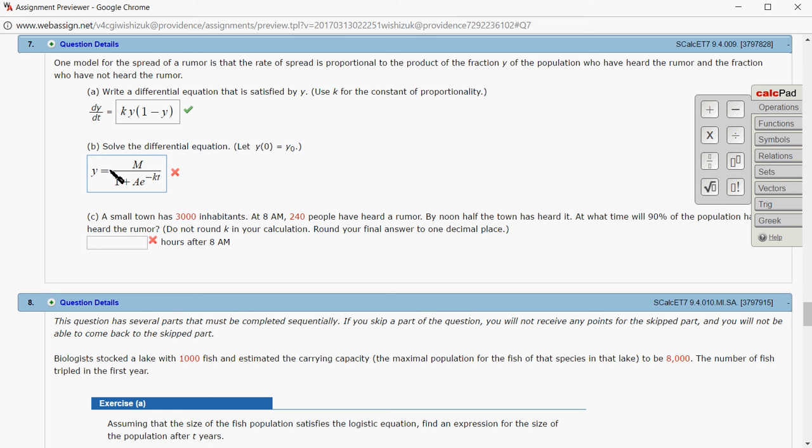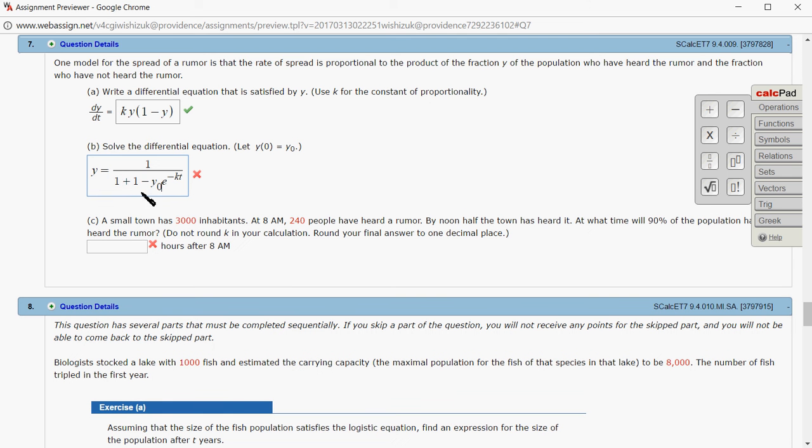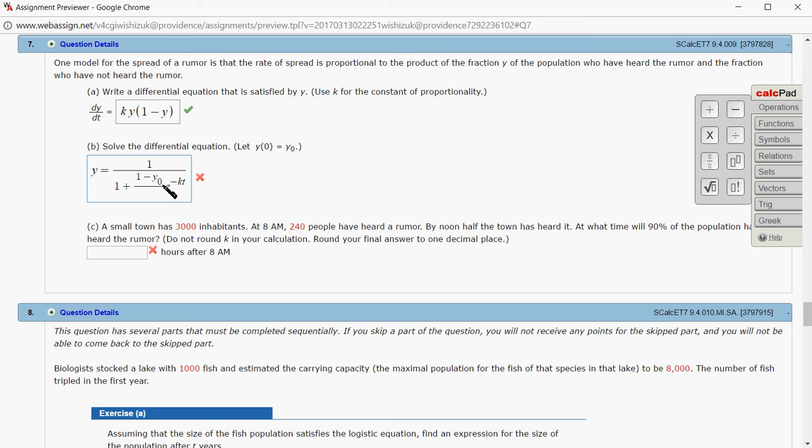In this case, M is going to be 1 because we're talking about the fraction of the population, so 1 means the whole population. And remember that A is M minus the initial population over y0, so it's going to be (1 minus y0), and then divide this by y0.